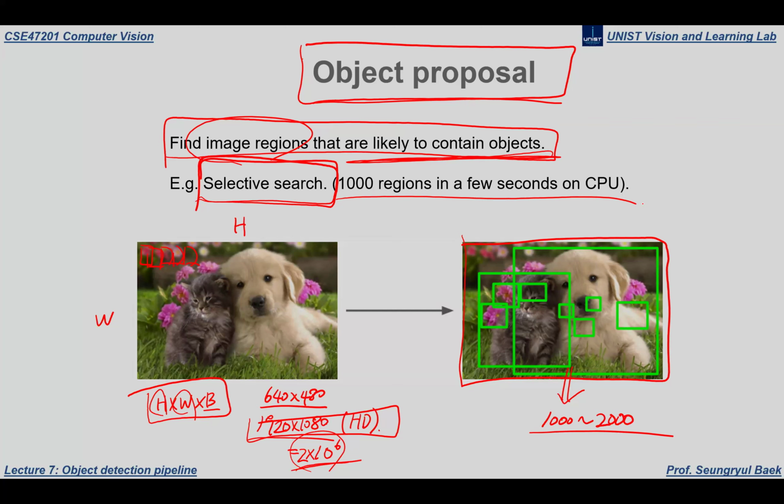And if we apply CNN operation on these 1,000 to 2,000 bounding boxes, rather than applying the CNN on these 2 million bounding boxes, the time complexity is becoming faster, almost 1,000 times. Okay, do you guys agree with this? Even though this idea is very naive, in practice, this helps a lot.